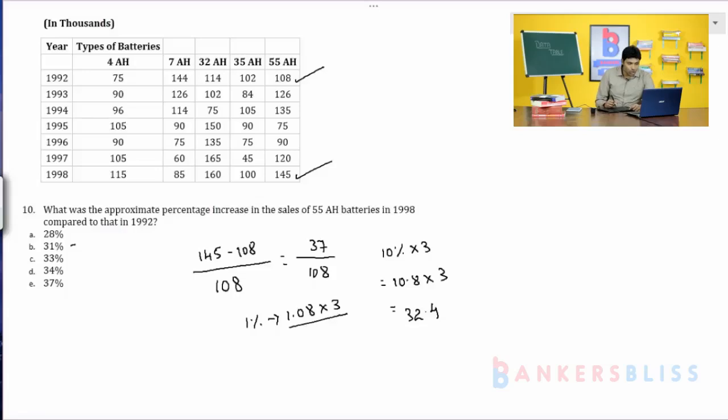Next, 33% means into 3 you have to do. Into 3 means how much you are going to get? 3.24. So if you add 3.24 to 32.4, do you get 37? Definitely no, because 32 plus 3 is 35, still you need 2 more. So another percent you add, another percent means 1.08.